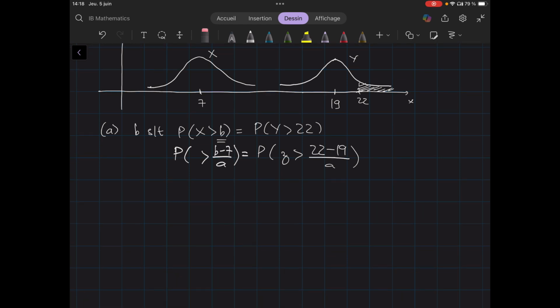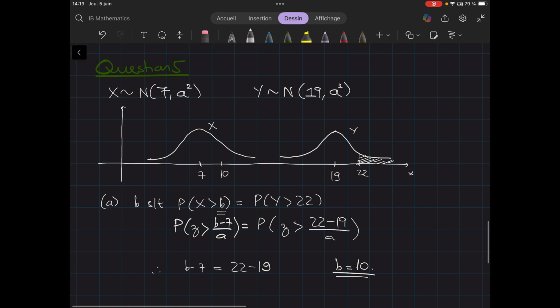Sorry, this should be a Z, not an X. Therefore, b minus 7 has to be equal to 22 minus 19, or b is equal to 10. You don't need to do that much math, because if you notice that the two distributions have the same standard deviation, if this guy is 3 units away, that guy also has to be 3 units away. Easy peasy.